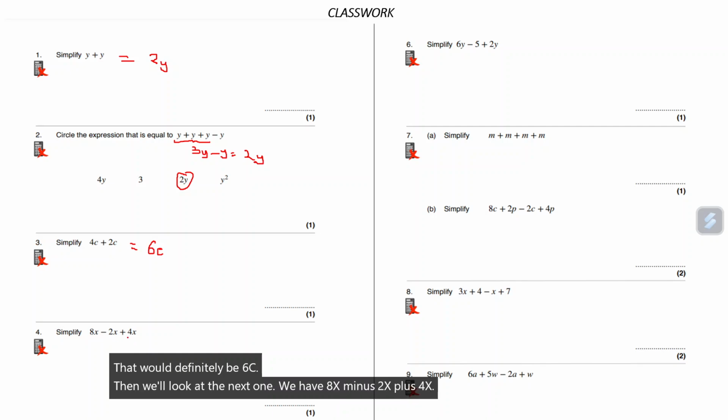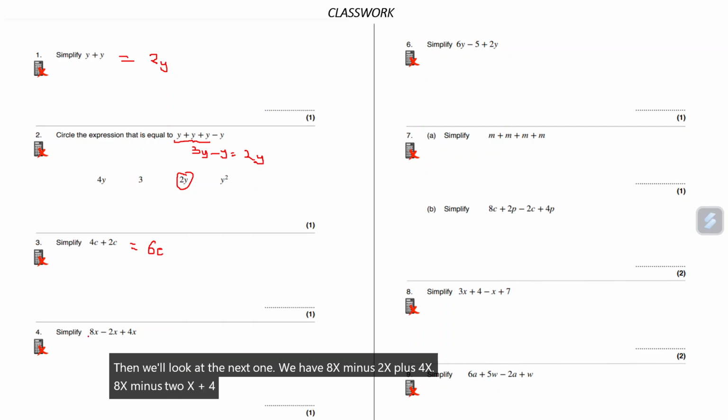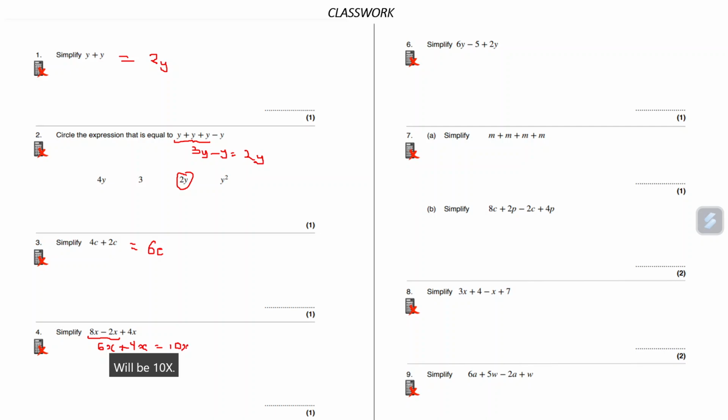So 8x minus 2x will be 6x. 6x plus 4x will be 10x.